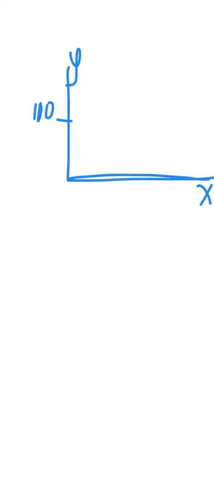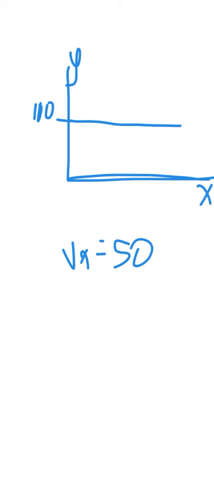And we know that vx is 50. So that's how we can get this. This will be 50. And this is sort of the triangle that the graph will create. And this is the trajectory, the estimated trajectory.